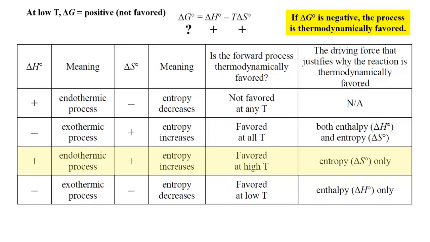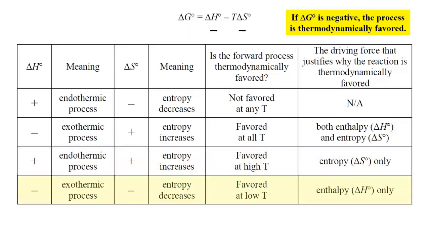So at low temperatures, the value of delta G would be positive and the process would not be thermodynamically favored. But then at high temperatures, the sign of delta G would become negative and the process would be favored. All right, finally, the last possibility would be what if both delta H and delta S are negative?